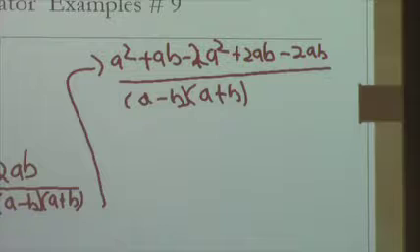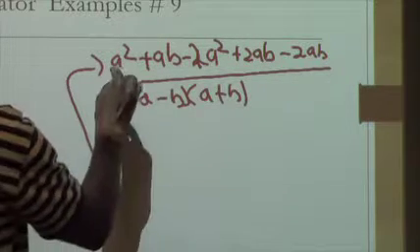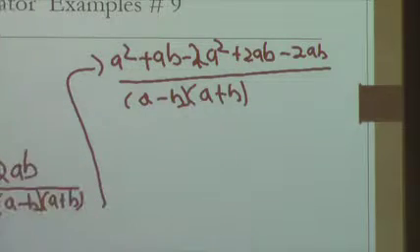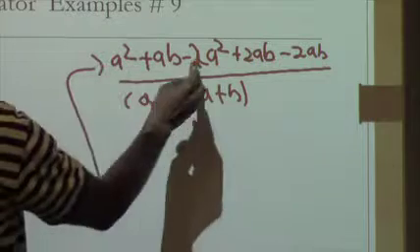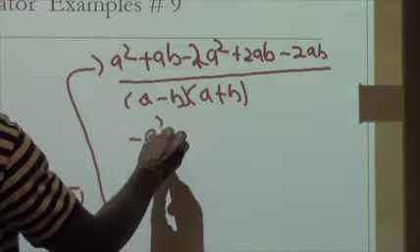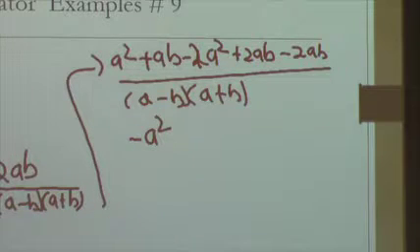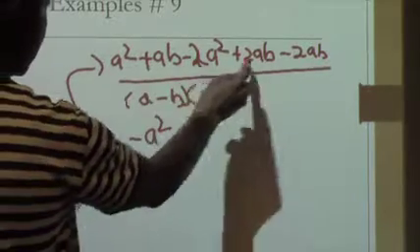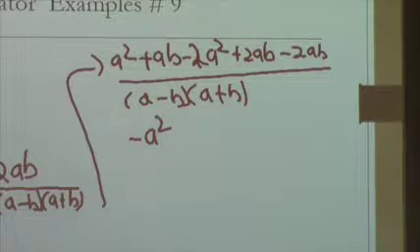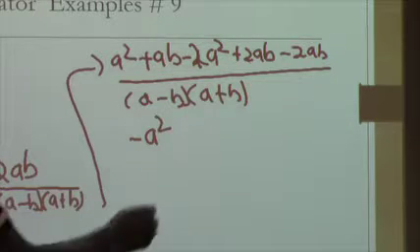Now let's see what happens on top. I have a squared and a squared. I have a squared minus 2a squared. That's going to be negative a squared. And then I have ab plus 2ab. That's going to be 3ab minus 2ab. That's going to be what?